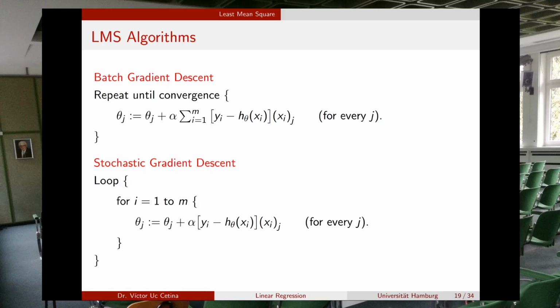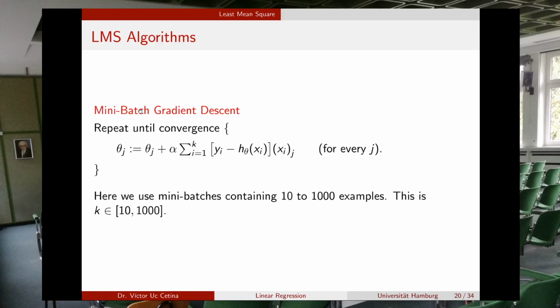Now, nowadays there is, let's say, a more practical way to apply this stochastic gradient descent. It is called mini batch gradient descent. So instead of updating the parameters considering only one example, we take mini batches of examples. So for example, you say, I'm going to update it using 10 examples. So you compute these products for 10 examples and then update your parameters.